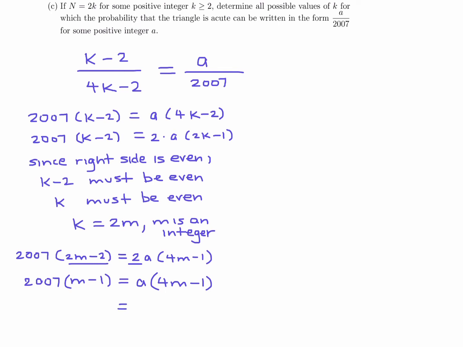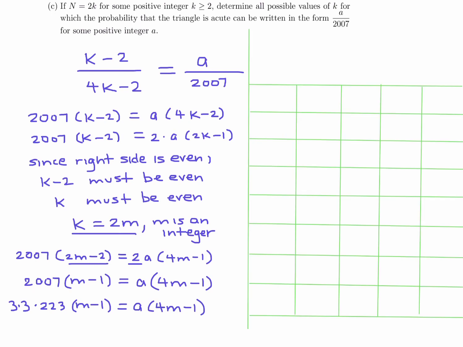Now, 2007, we're going to write it in terms of its prime factors, and I believe that's 223 times 3 times 3. I think those are the only prime factors it has. And now that we've got it in this form, we can make a table and see what we will get for m, and then we will figure out what is k.